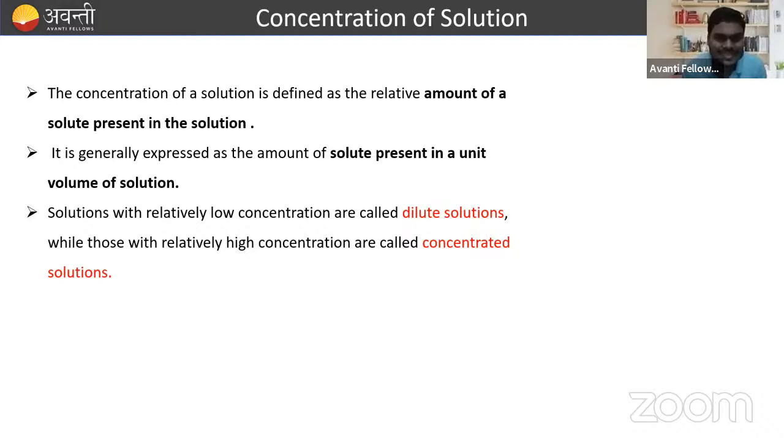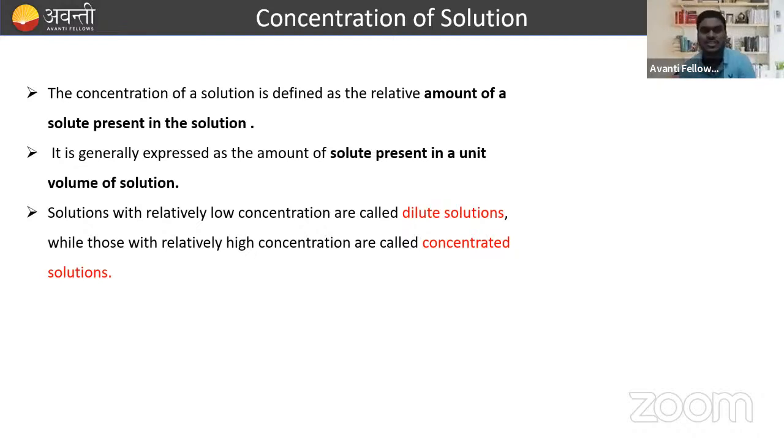Now the next is, it is generally expressed as the amount of solute present in a unit volume of the solution. So how will you denote or identify the concentration of the solution? It is generally expressed as the amount of solute present in a unit volume of the solution.